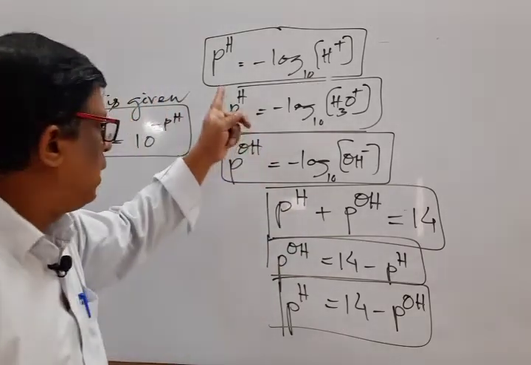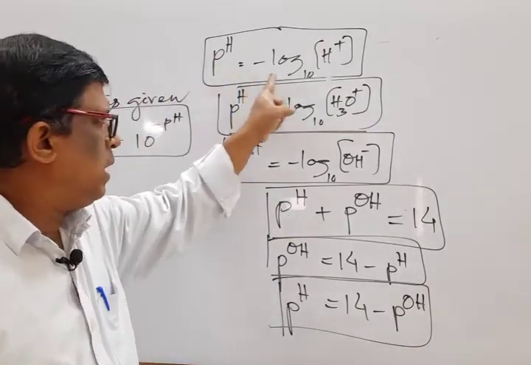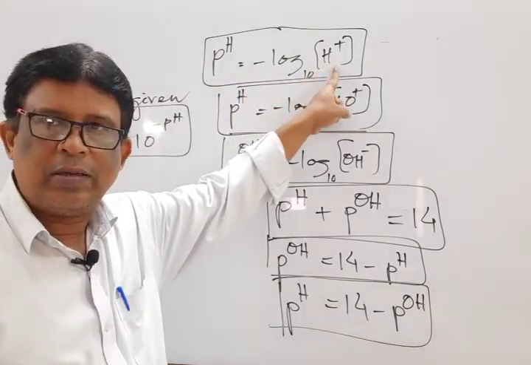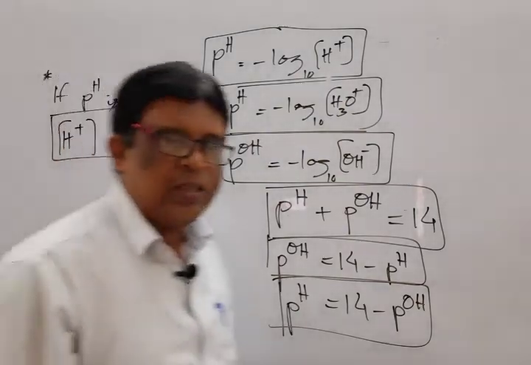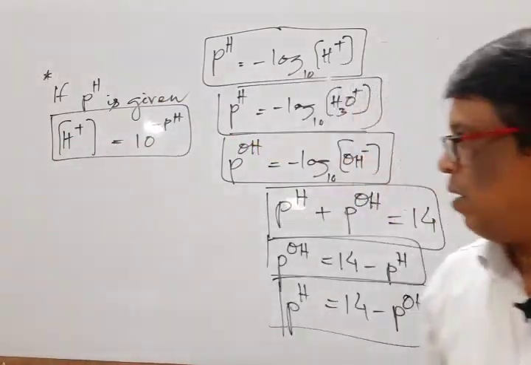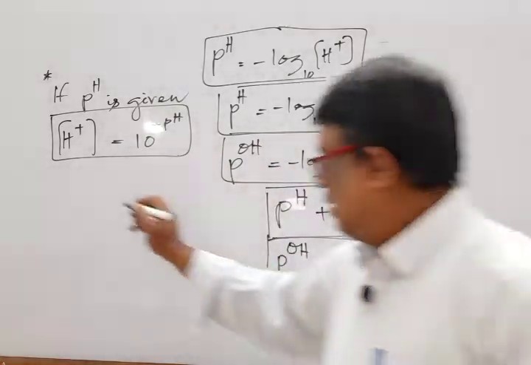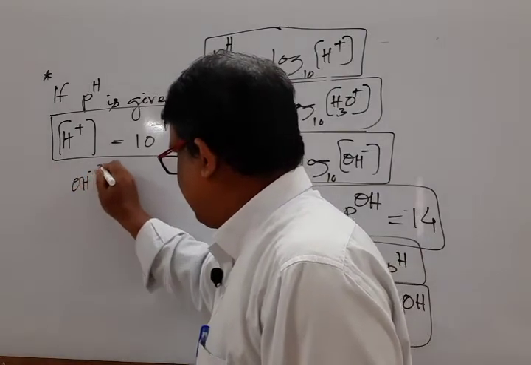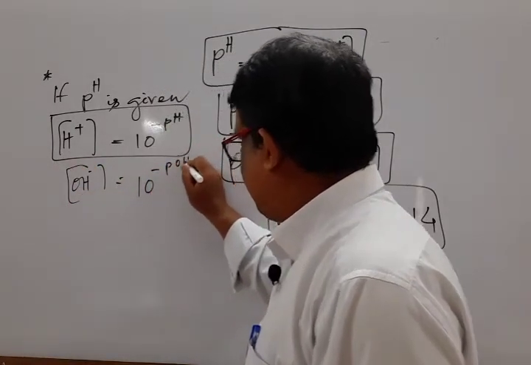First one, I remind again, if H plus ion concentration is given, then pH is equal to negative logarithm of H plus ion concentration. On the other hand, if pH is given, then H plus ion concentration is equal to 10 to the power minus pH. Similarly, if pOH is given, then OH minus ion concentration is equal to 10 to the power minus pOH.